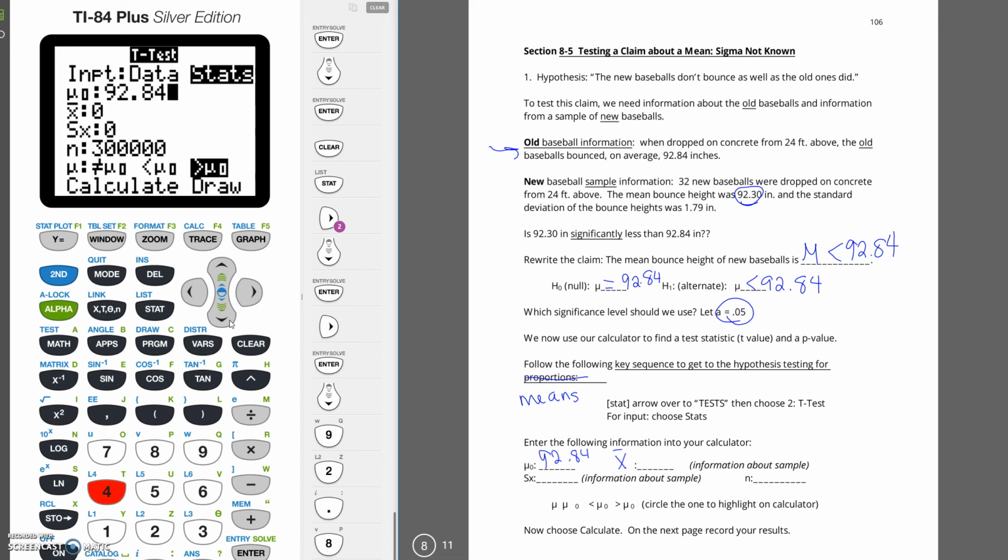X bar is what's coming from the sample, so that's going to be 92.30, and the standard deviation was 1.79. And n, we had 32 baseballs dropped, and we want to show that this is less than.